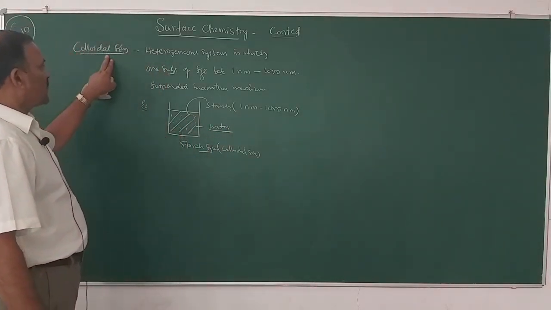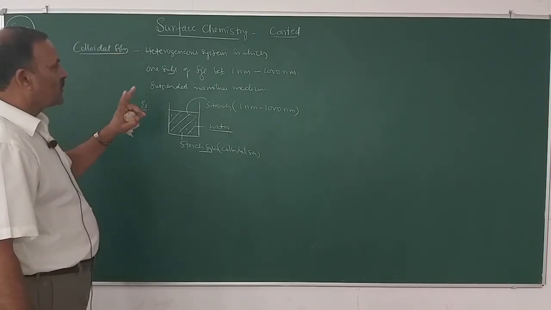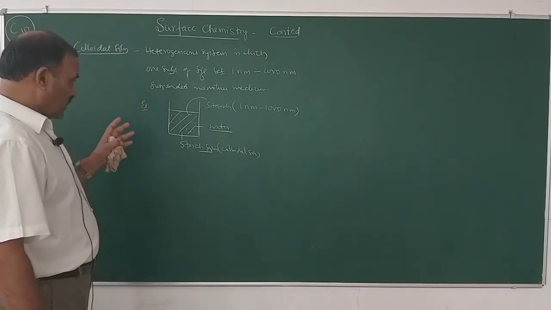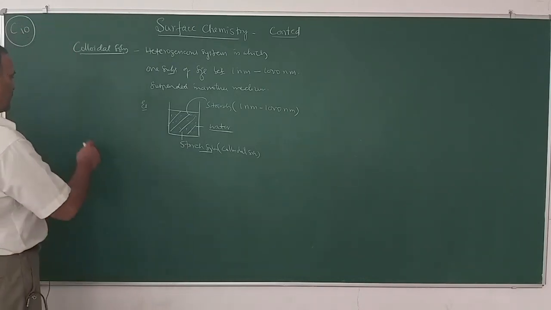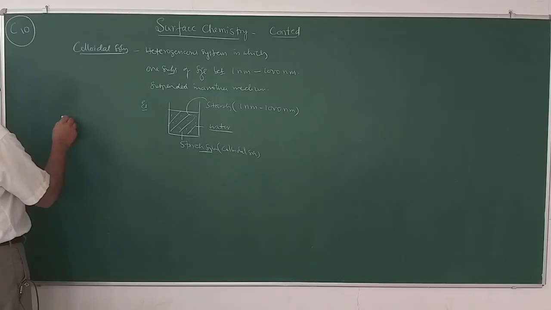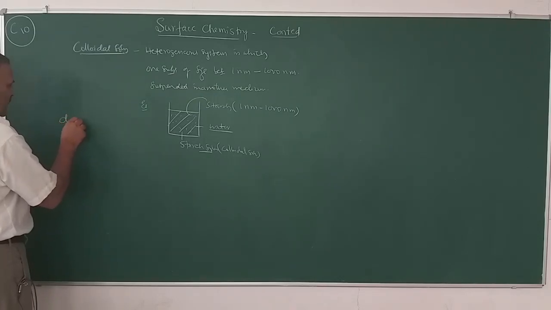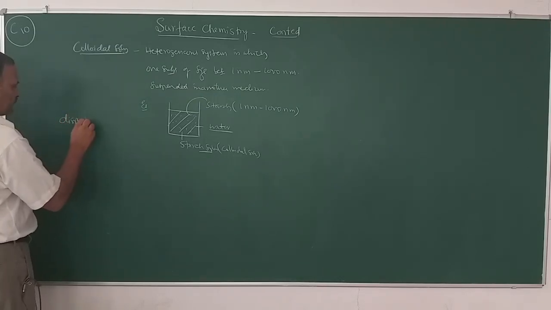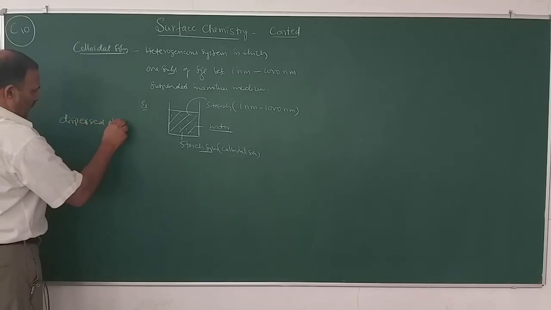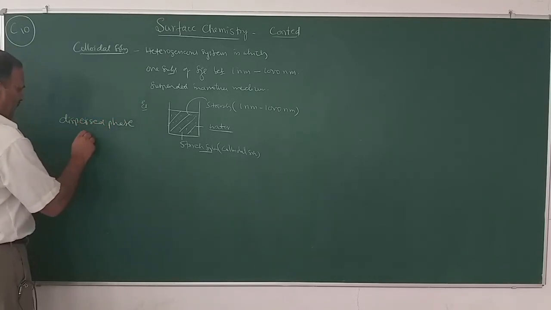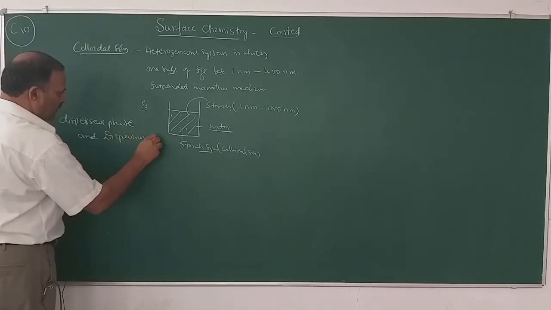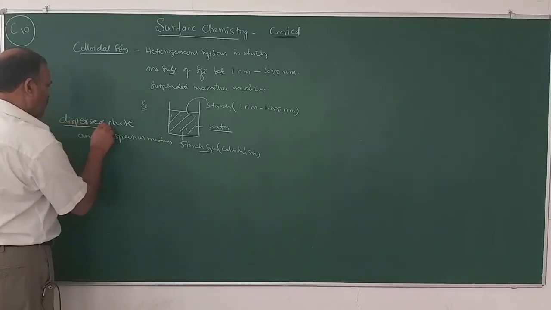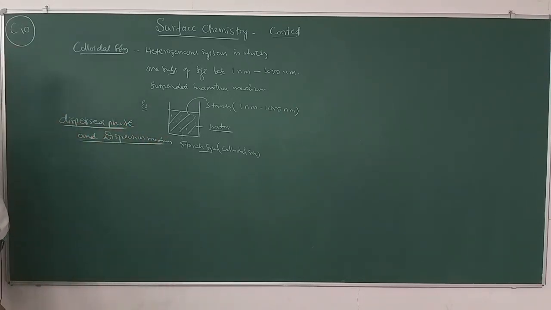So, a colloidal solution is a heterogeneous system consisting of two substances. One is in the colloidal form and another one is the medium. We also studied what are dispersed phase and dispersion medium in a colloidal solution.